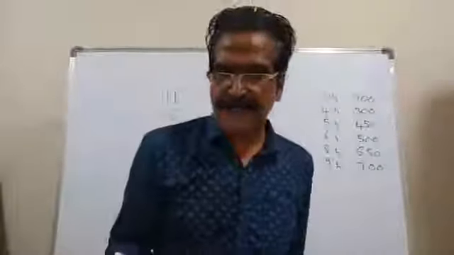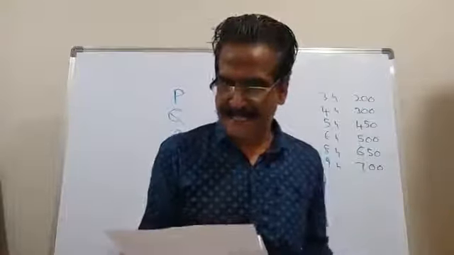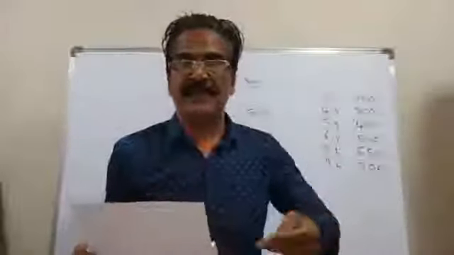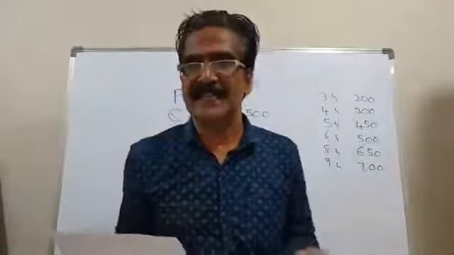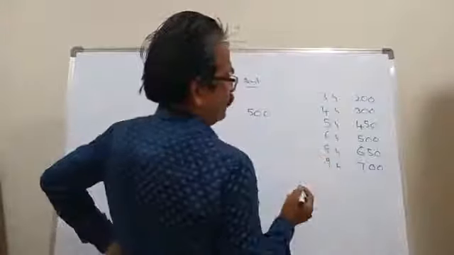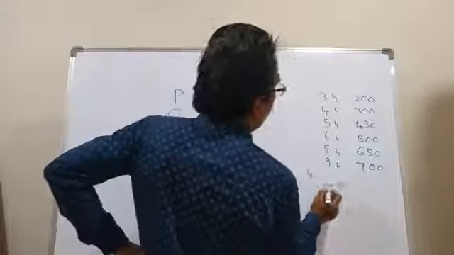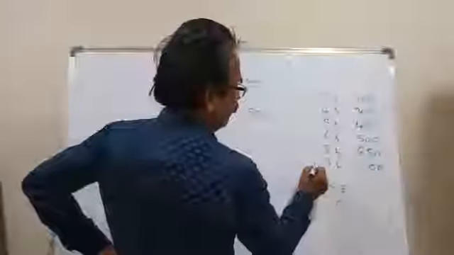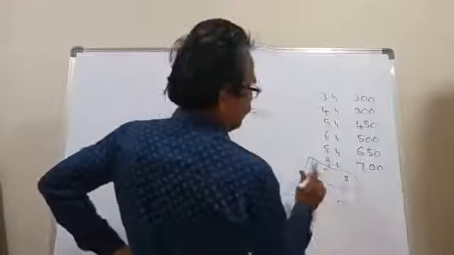Next statement. The difference in the number of working hours of P and S is 4. So the difference between the working hours of P and S is 4 hours. It can be a combination of 4 and 8, or 5 and 9.